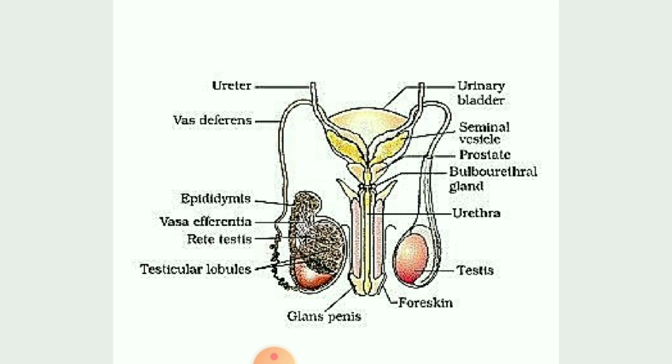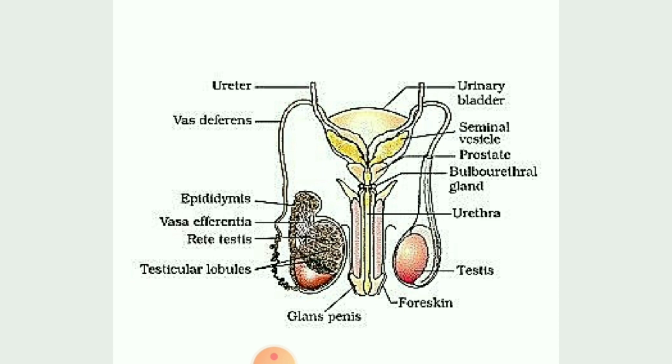Then the urinary tract or urethra, which is responsible for the passage of urine. Next important thing, children, see the bulbourethral gland, also known as the Cowper's gland, which is basically alkaline in nature, and it will be responsible for neutralization before ejaculation, as the urethra is acidic in nature.